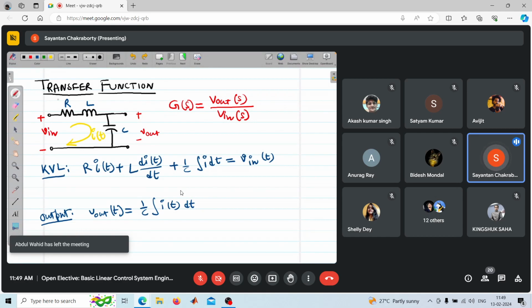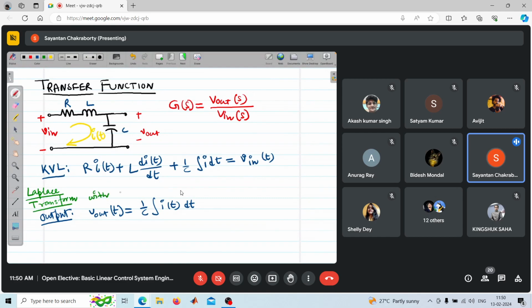Now, if you take the Laplace transform with zero initial conditions, right?